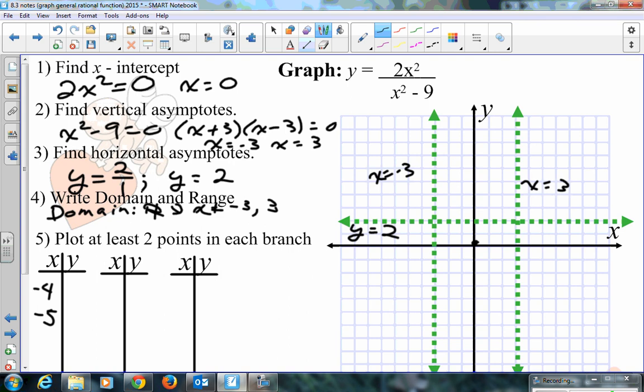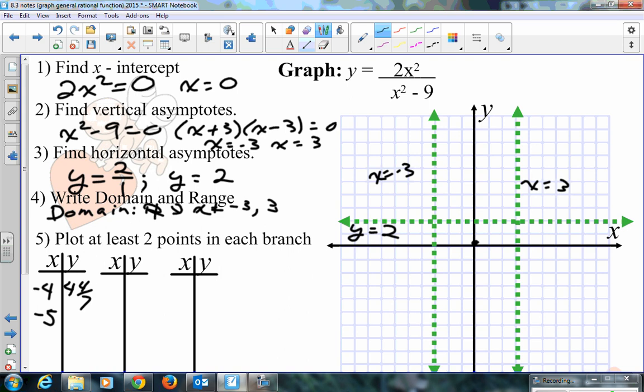Negative 4 squared is 16 times 2 gives me 32 over 16 minus 9, which is 7. So that's going to be 4 and 4/7.